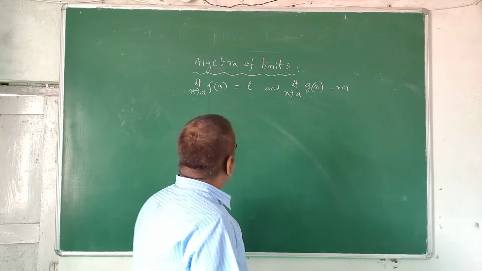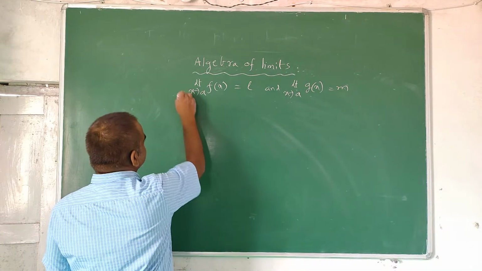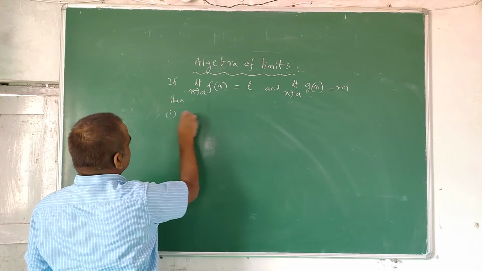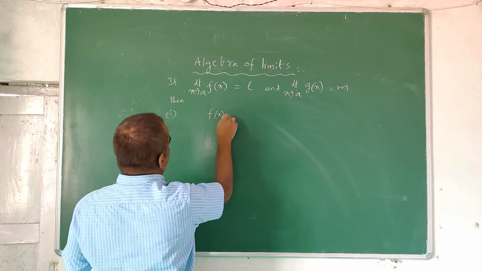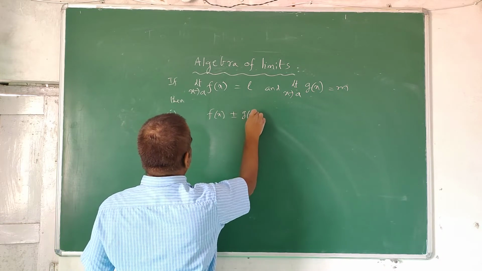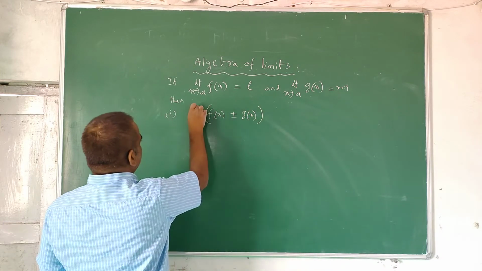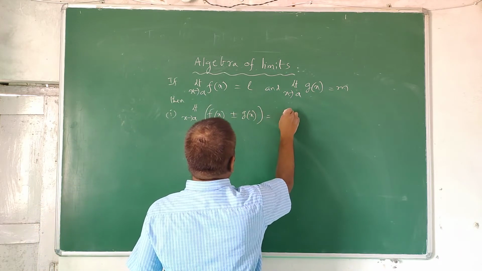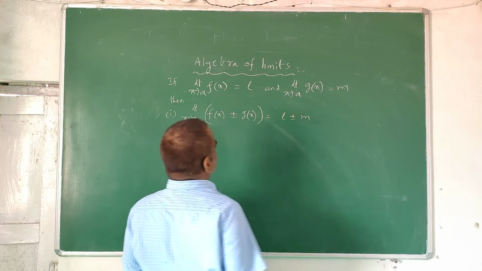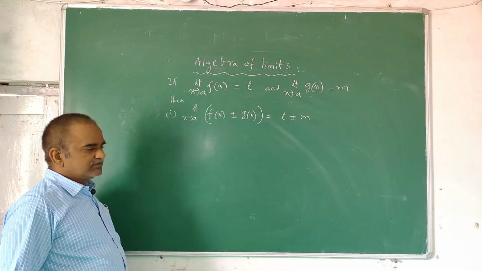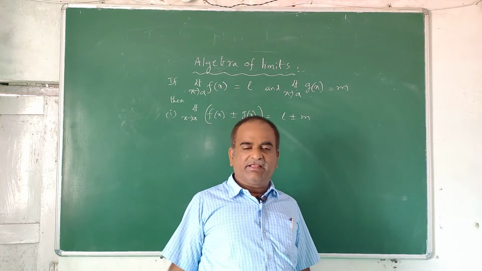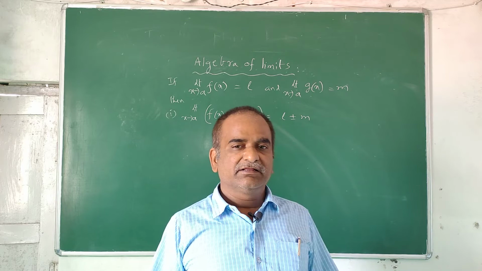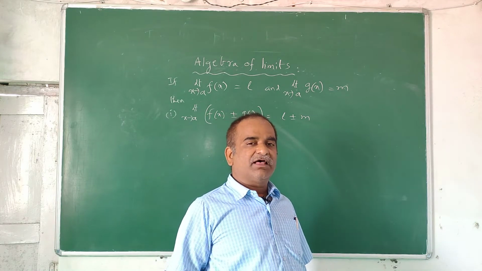Okay, so then, number 1: the limit as x tends to a of f of x plus or minus g of x is equal to L plus or minus m. So it gives us the meaning that the limit of a sum is equal to the sum of the limits. Limit of sum is equal to sum of the limits.